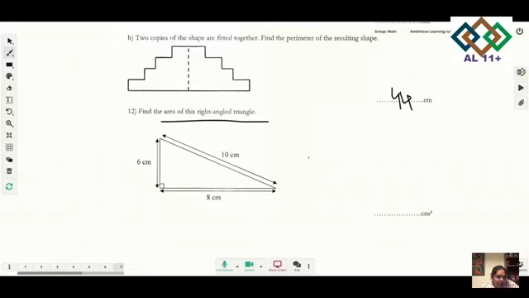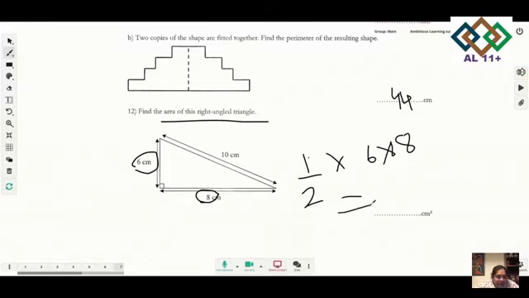When you're finding the area of the right angle triangle, you just need to do half into 6 into 8. And then you'll get the easy answer. That will be 24 centimeter square.